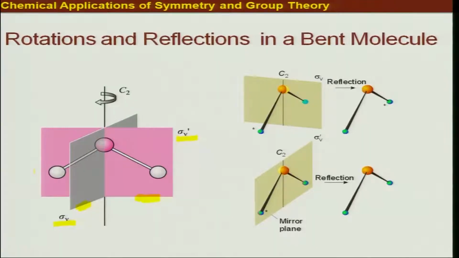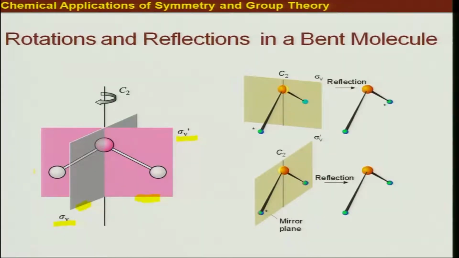But the sigma v prime plane cuts the molecule in such a way that each half gets half of each atom. So those two are different, and later on we will see that those two will have certain different characters. We will learn about this term, particularly the character, at a later stage. So in order to distinguish them, we have given two different symbols, sigma v and sigma v prime.